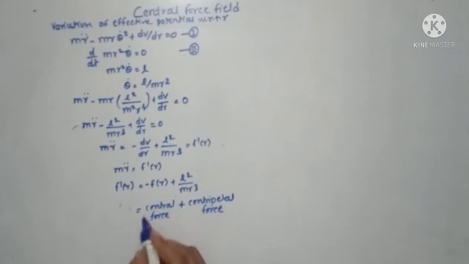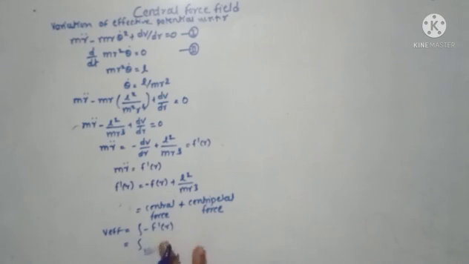The effective potential created by the central force and the effective potential created by the centripetal force together give the effective potential for the total central force field which is performing orbital motion. If this is the force, then V effective is given by the integration of minus f dash of r.